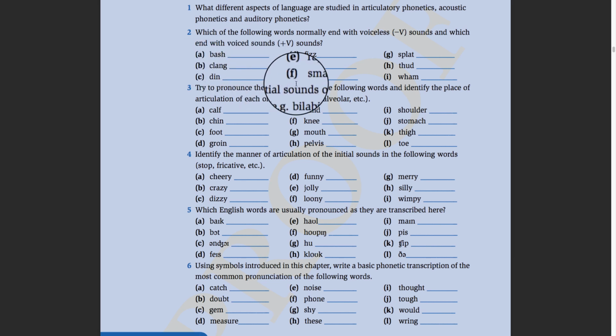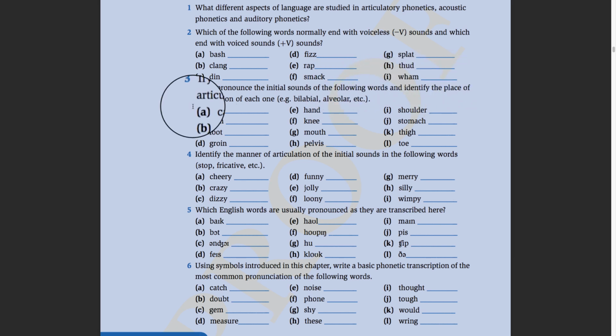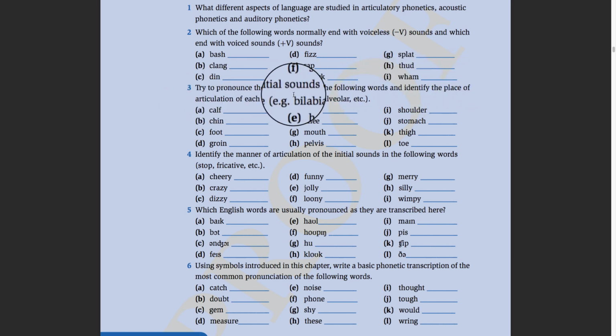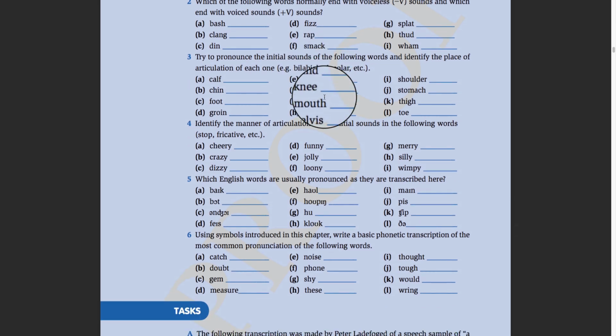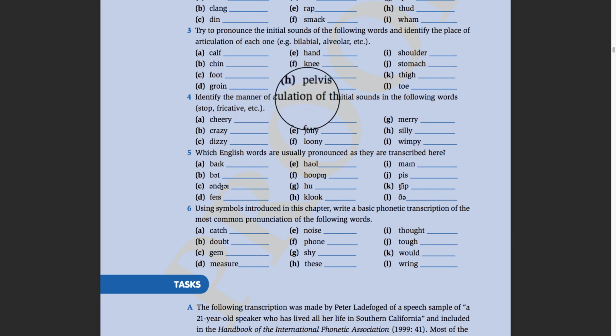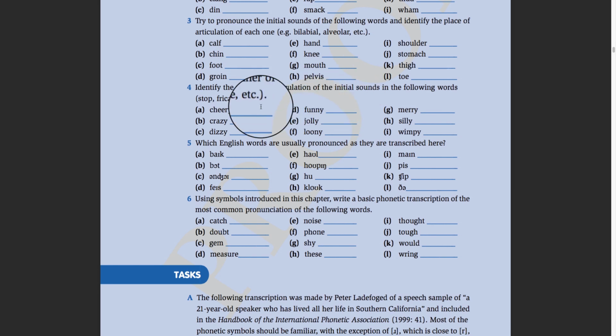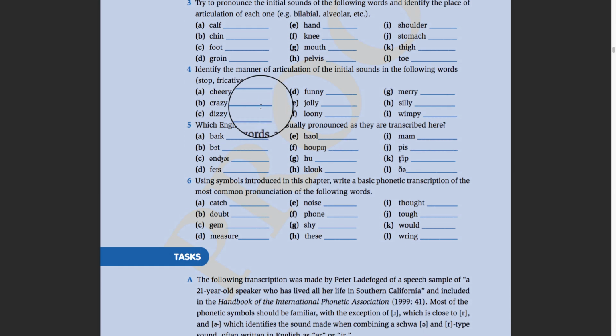Try to pronounce the initial sounds of the following words and identify the place of articulation of each, for example, bilabial, alveolar, etc. Identify the manner of articulation of the initial sounds in the following words: stop, fricative, etc.